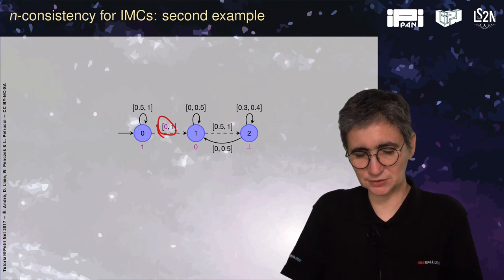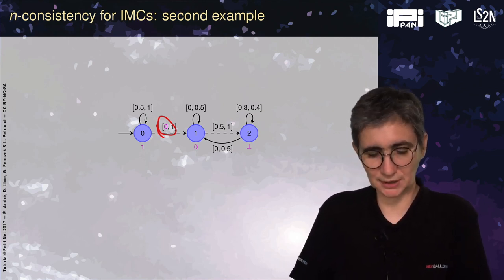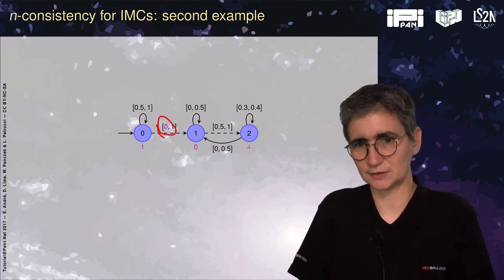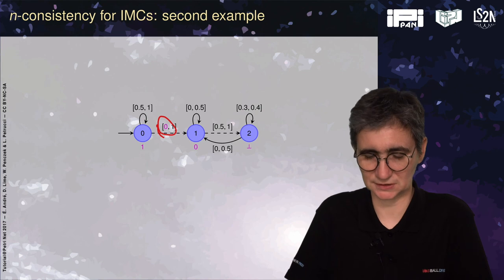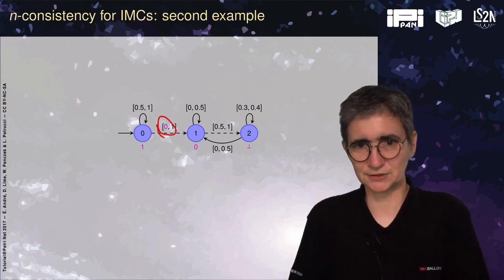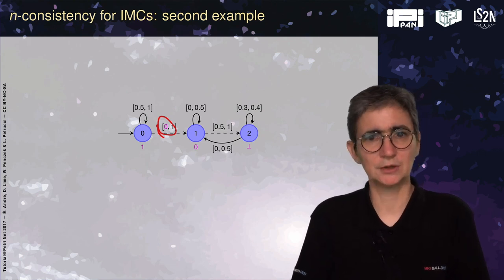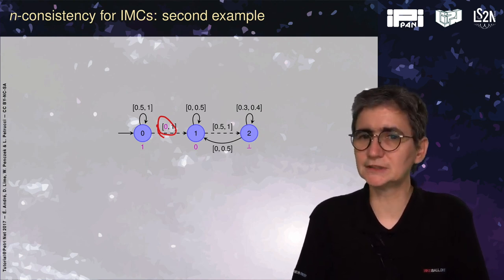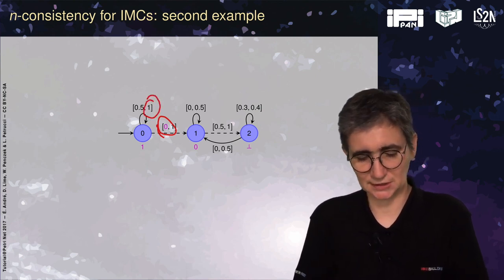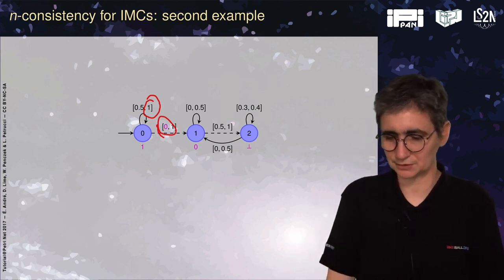So I can choose 0 in this interval and say when I'm in state 0, I will not go to state 1, that is not one consistent. To be two consistent, my state 0 must be able to have an exiting probability of 1, which is the case here. So it has a probability of 1 of looping on itself.